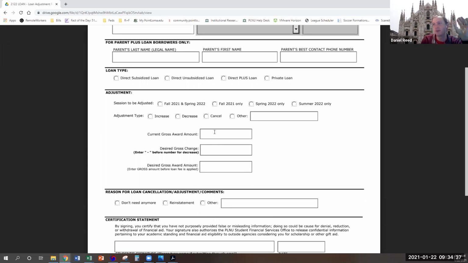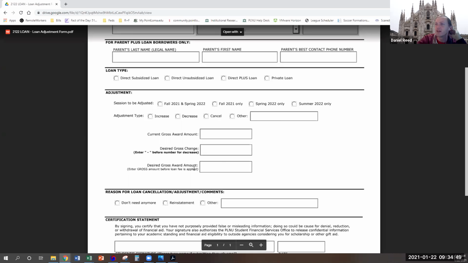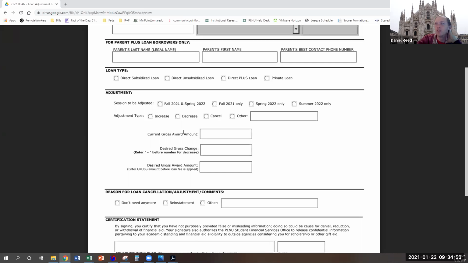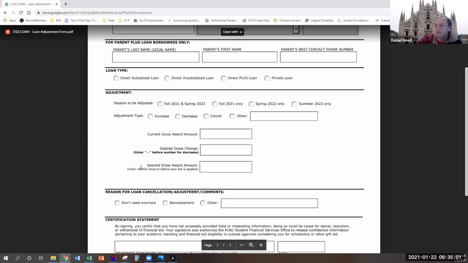Looking at gross amounts to make these adjustments seems to be the most straightforward. There are also calculators that I believe Mo has provided, if you're looking to get from a net amount to a gross amount, to see how to guide the student through these forms. That helps you with that.